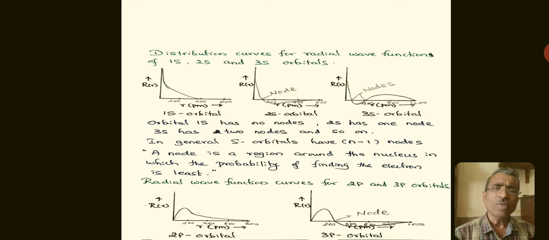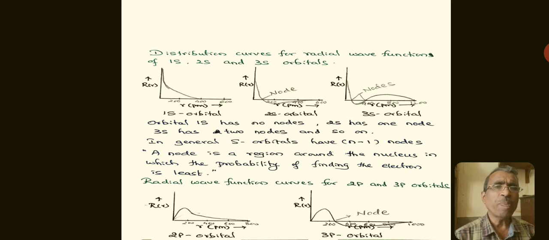If I take the distribution curves for 2p and 3p orbitals, there also we plot the graph of radial function versus distance from the nucleus, and for 2p orbital we get the graph as shown in the figure. For 3p orbital, once again it crosses the x-axis.